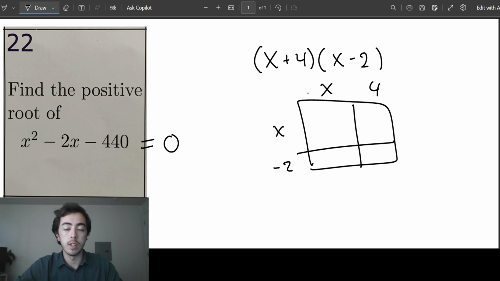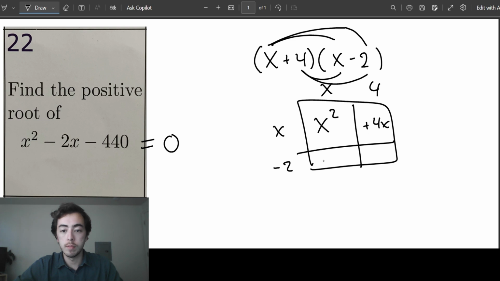But you could also think about the foiling strategy where you multiply the first, the outside, the inside, and then the last terms. Either way, you should get x squared plus 4x minus 2x and then minus 8, at least for this example. And collecting up these two terms and combining them together, we get x squared plus 2x and then minus 8.